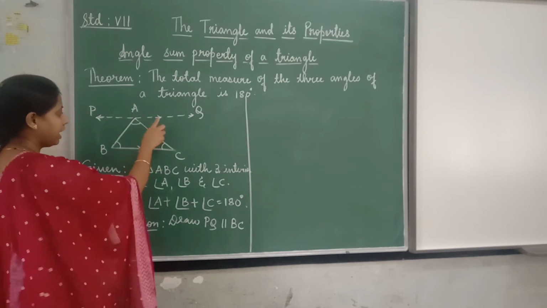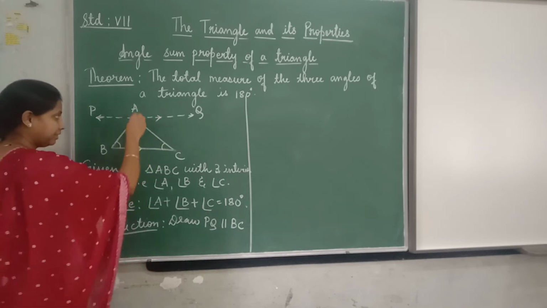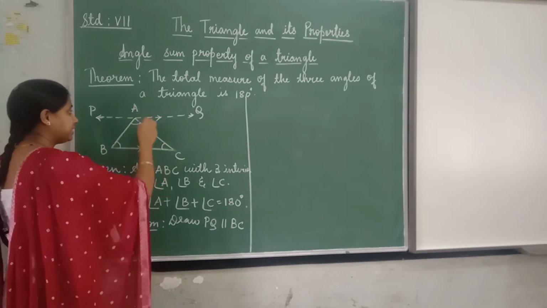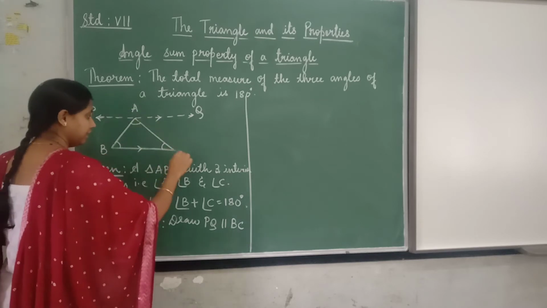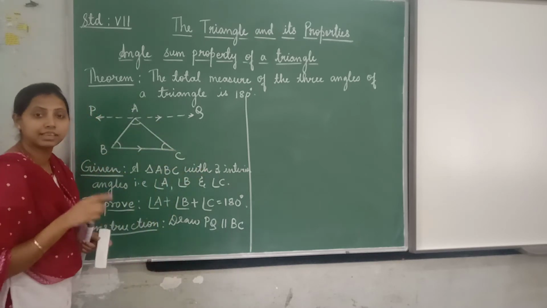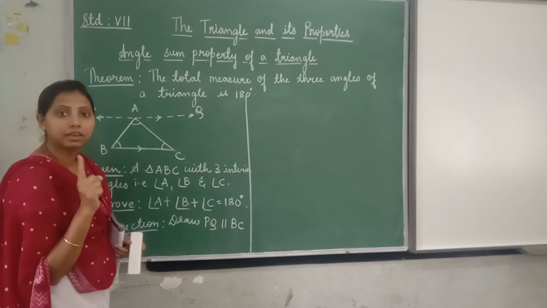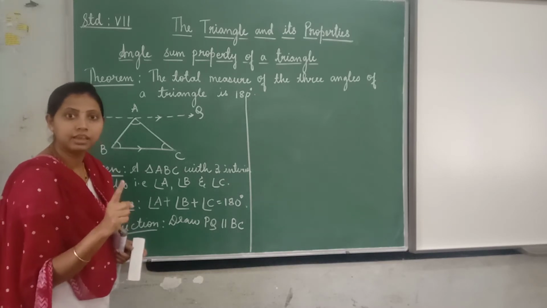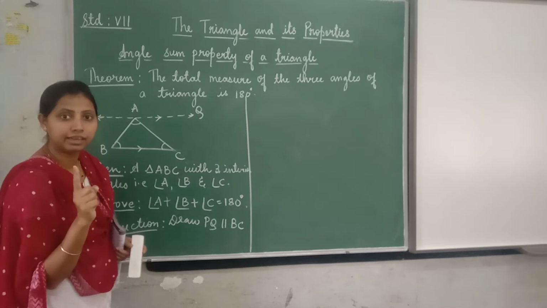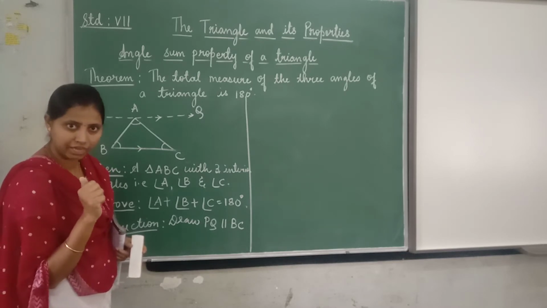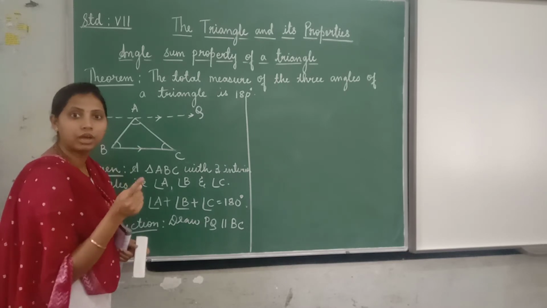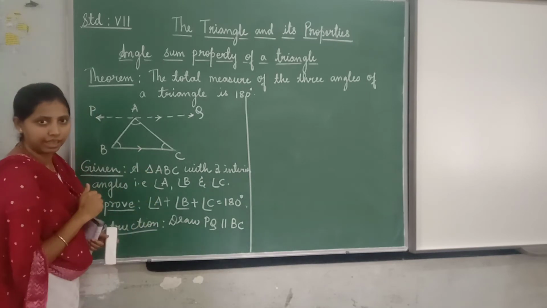PQ line is parallel to BC, and this AC acts as a transversal. Yes, we have learned that when a transversal cuts two parallel lines, the pair of alternate interior angles are equal. So we are going to use that to prove this theorem.